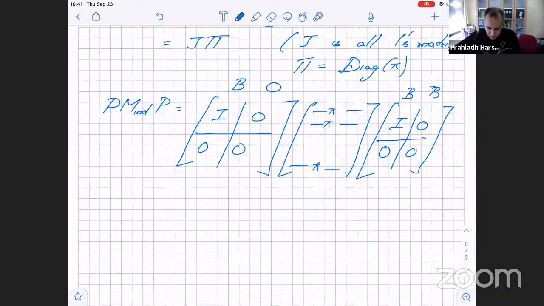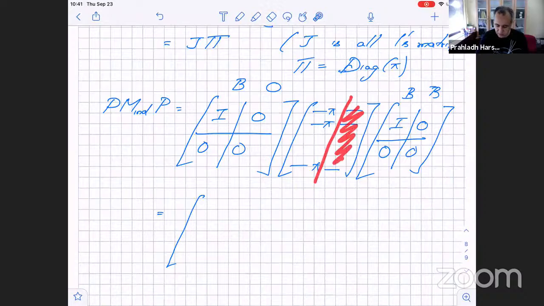Yeah. Anyway, so this is P M P. Now let's open this out. What does this look like? Post-multiplying by P is going to knock out this part of the matrix, making it 0. Pre-multiplying by P is going to knock out this part of the matrix.